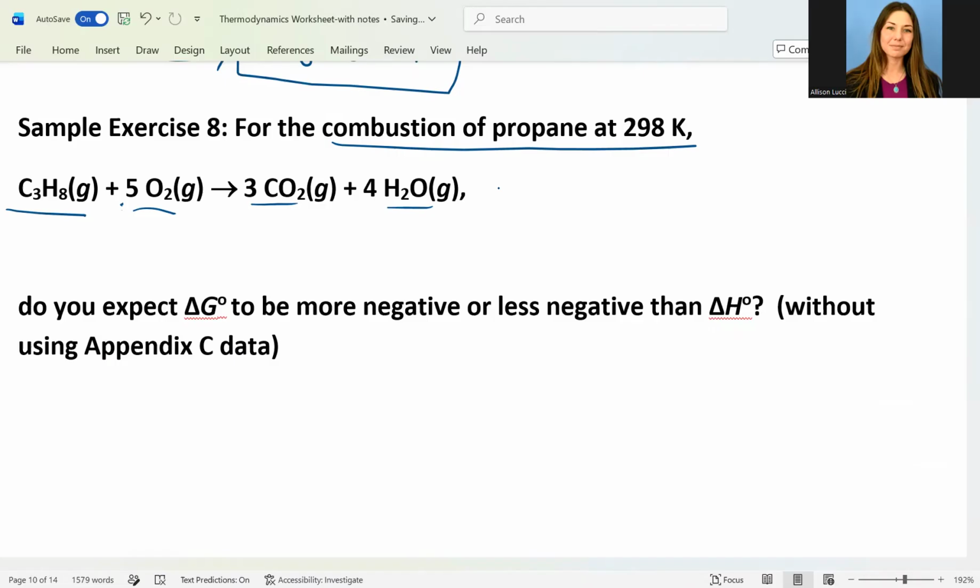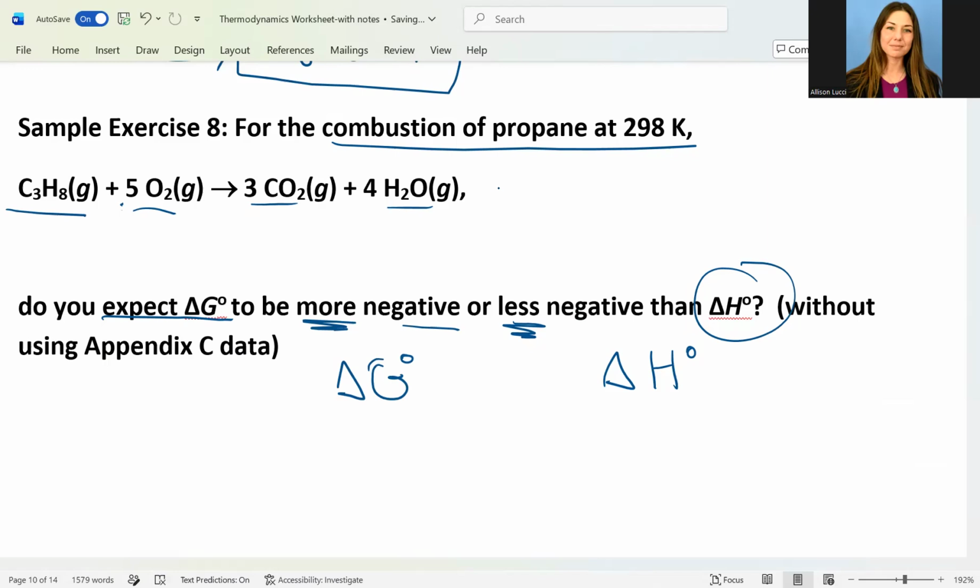And without looking up any values, we are just asked to theorize: do we expect delta G to be more negative or less negative than delta H? So we're trying to compare delta G naught to delta H naught here. How can we do this without using any numeric values?